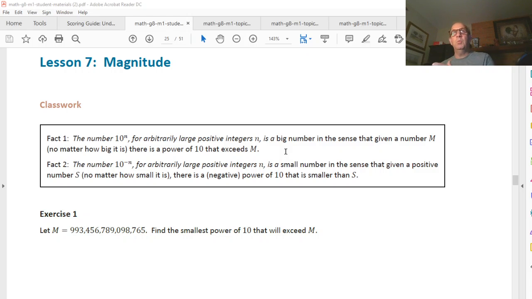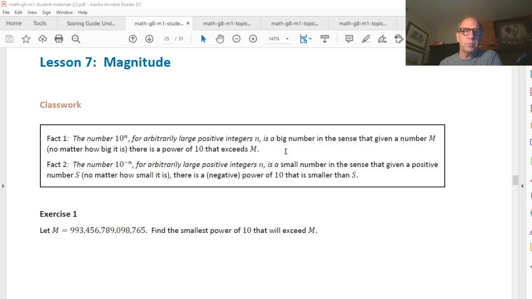If m were 3,875, then 10 to the fourth power would be 10,000, which is bigger than 3,000. So for every number there is, you can say 10 to the nth power is bigger.